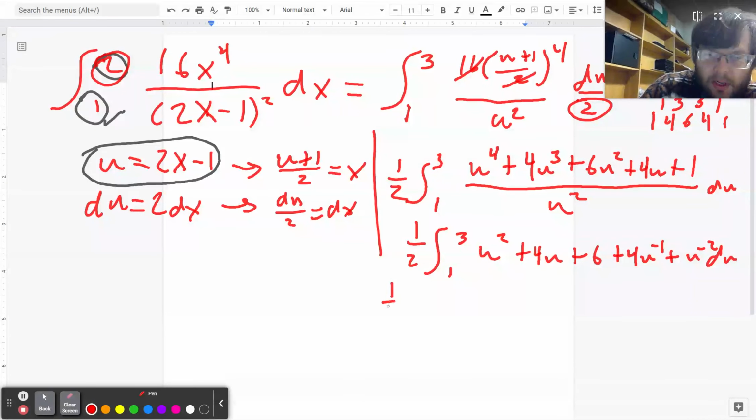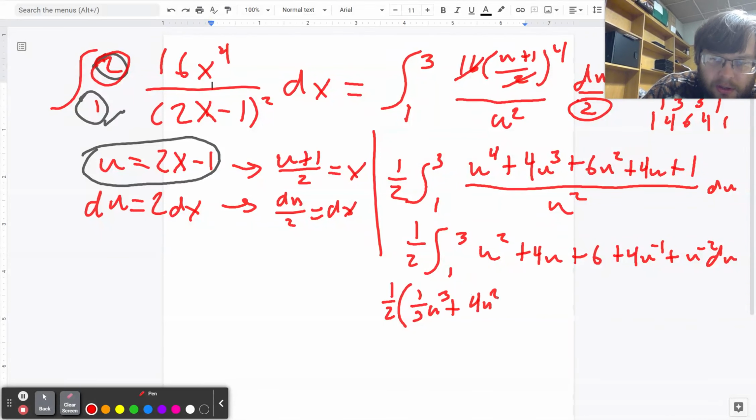So we get 1/2 times 1/3 u cubed plus 4u squared over 2 plus 6u plus 4 natural log absolute value of u plus u to the negative 1 over negative 1, evaluated from 1 to 3.